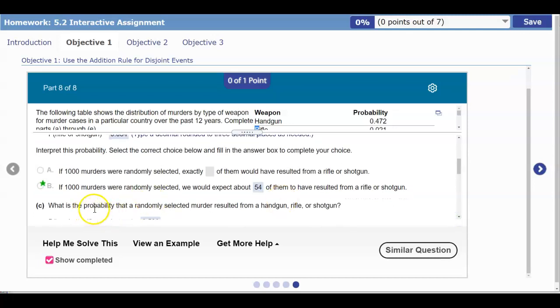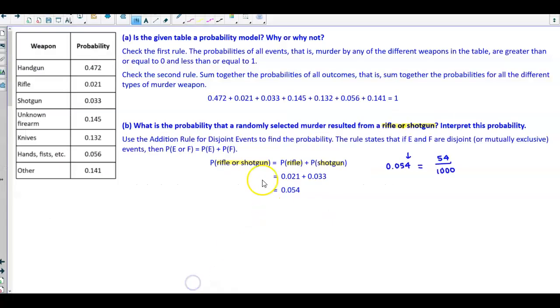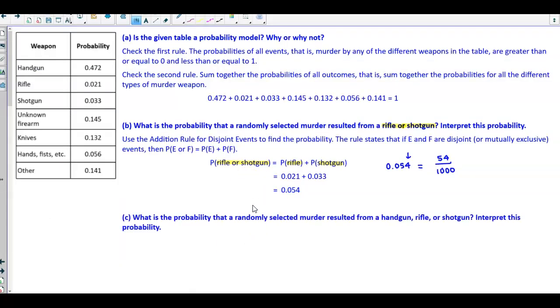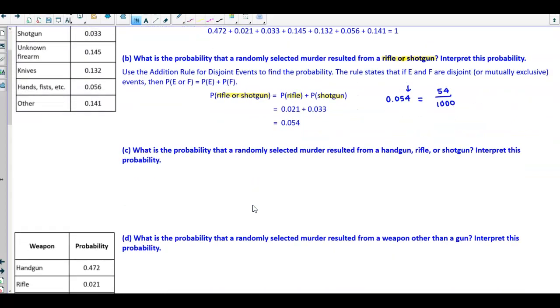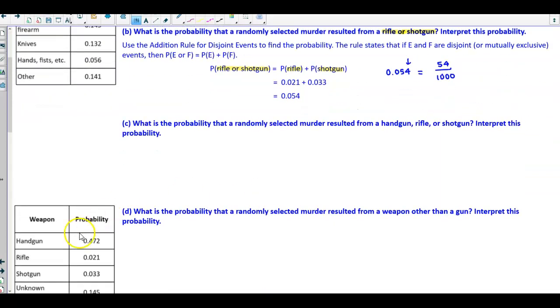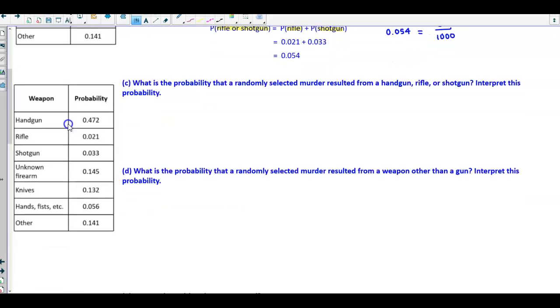Okay, the next question says, what is the probability that a randomly selected murder resulted from a handgun, rifle, or shotgun? Let's take a look at that question. I put the table down here again just so that we can view it again.